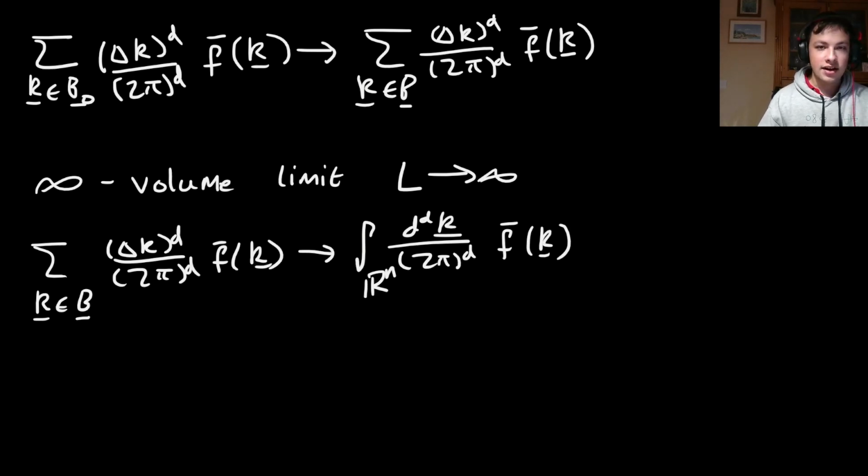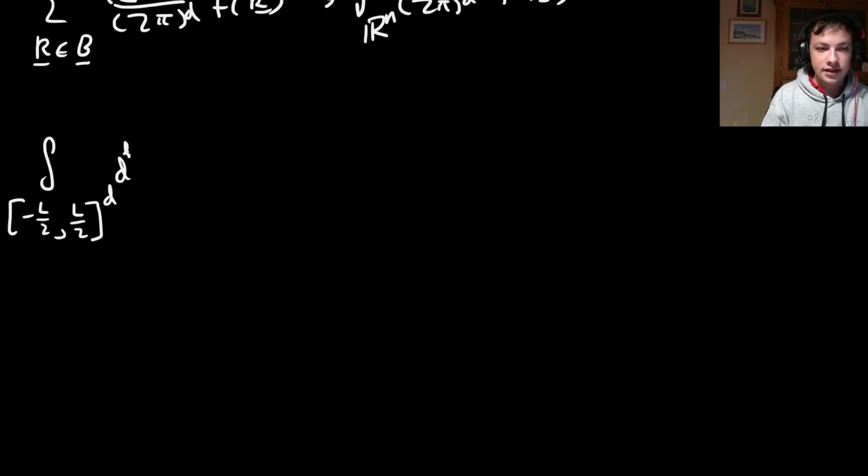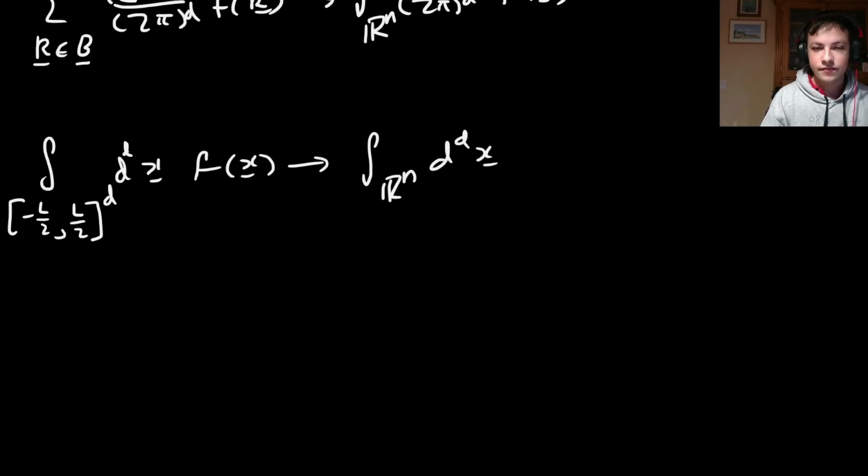And likewise, our box of integration for the real space sums is going to move out to infinity, right? So the integral from minus L over 2 to L over 2, to the d, dx f of x is just going to go to the integral over all of R n of d dx f of x. And we're going to stop writing the R n bit in there. We're just going to assume that all of our integrals are over all of space.